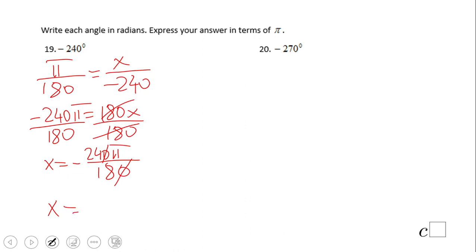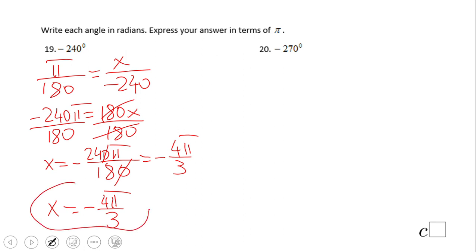The common factor is 2 or even 6, so we get negative 4 pi over 3. This is the measure in radians for number 19. Pause the video clip and try number 20.